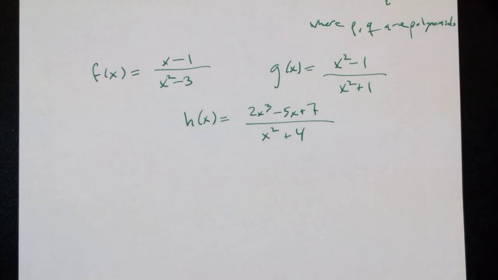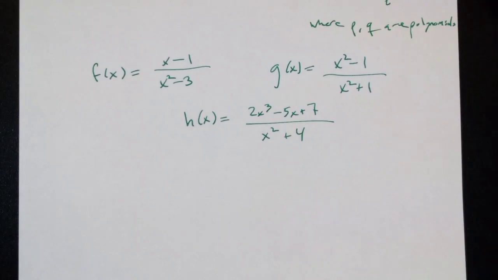That means that each of these has at most one horizontal asymptote. How do I find it? If I set the denominator equal to 0, that will give me places where I'm dividing by 0. That's not permitted. That gives me the vertical asymptotes.